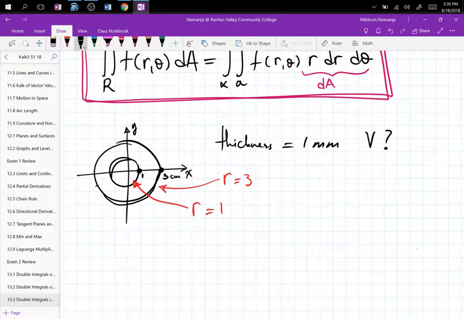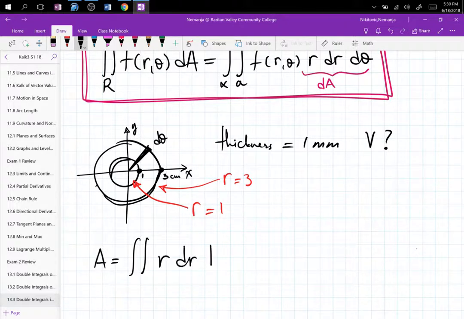So now, if I want to set up the area integral using the double integral, I am going to use what I call a representative pizza slice, d theta. We know that the string is r dr d theta. That doesn't change ever. And we just have to worry about the limits. Well, d theta on the outside, do I have a full circle? If the answer is yes, we are 0 to 2 pi.